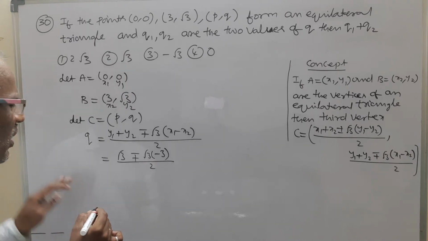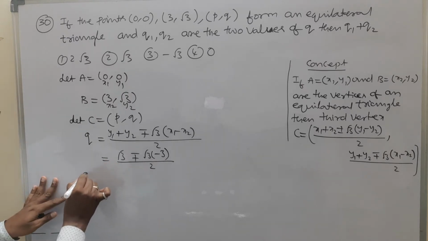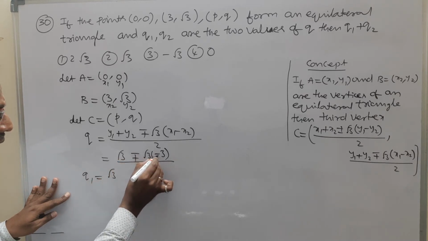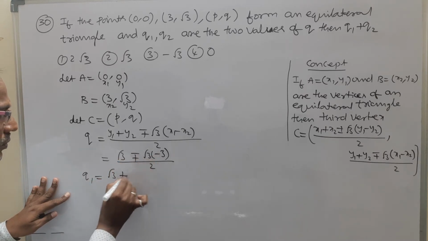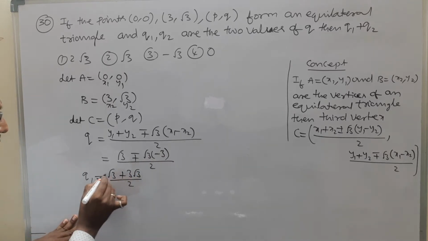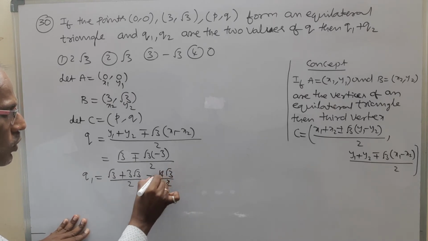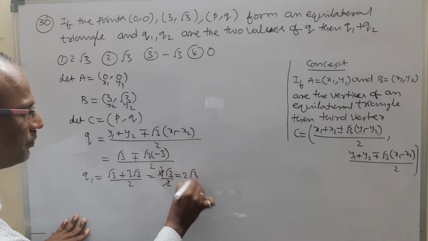Here two y coordinates are there. q1 is equal to root 3 plus 3 root 3 by 2. 3 root 3 plus root 3, that is 4 root 3 by 2, the 2 gets cancelled, so 2 root 3.